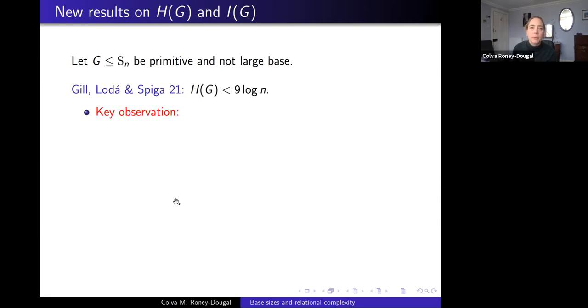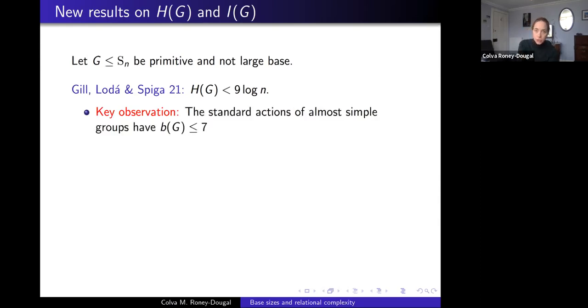The key observation that makes this tractable is that I talked about the standard actions of the almost simple groups. They have the minimal base size of G being at most 7. Well, that means that the size of G is at most n to the 7, because each time I stabilize a point, I drop by at most n points. And so the maximal size of an independent base is at most minimal base times log n, which is at most 7 log n.